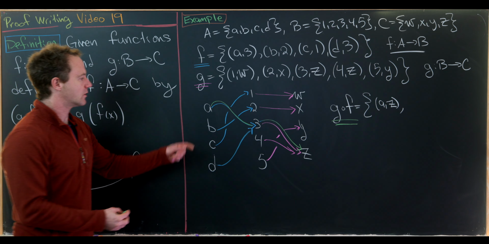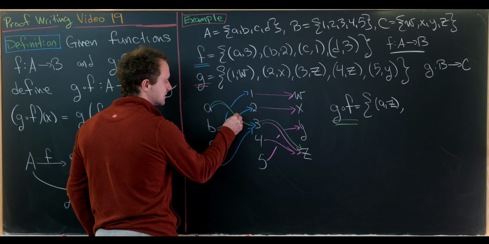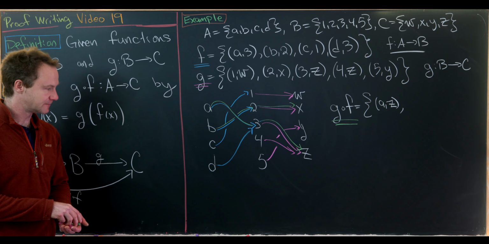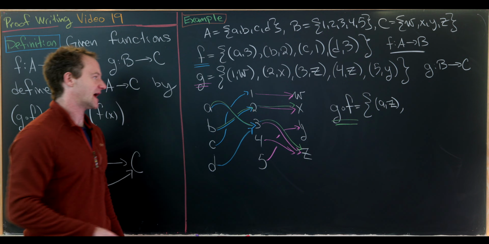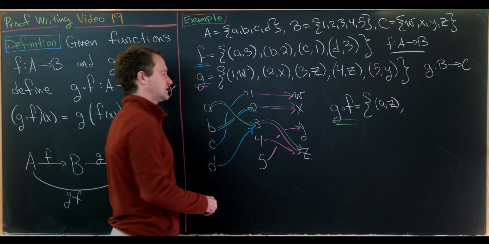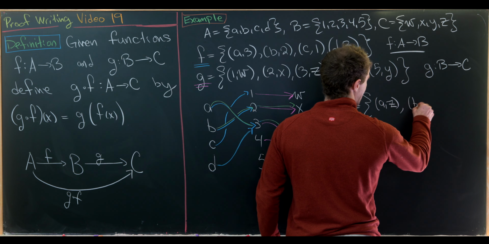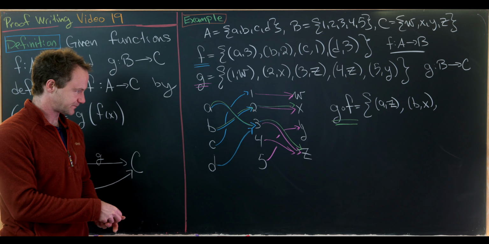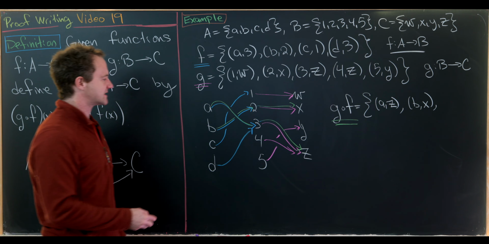Okay. Now what about b? So b is going to loop up here through 2 and then straight across to X. So we start at b, we end at X. Sorry, I should have said X. So that tells us the ordered pair (b,X) is an element of our function. Okay, then what about c?